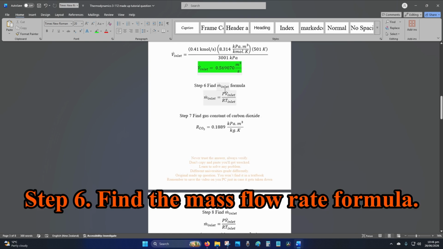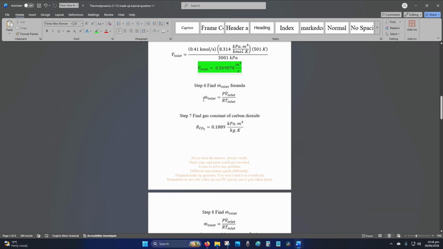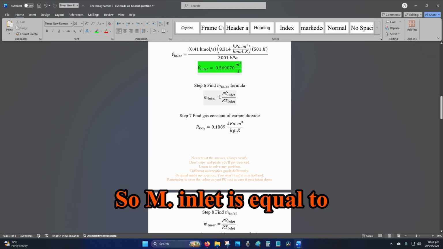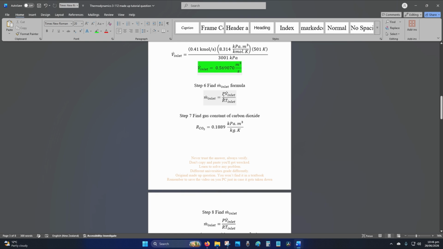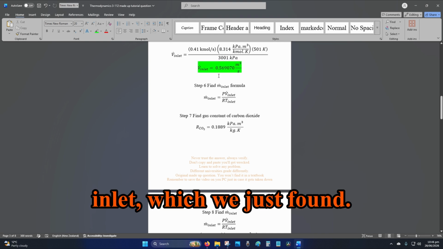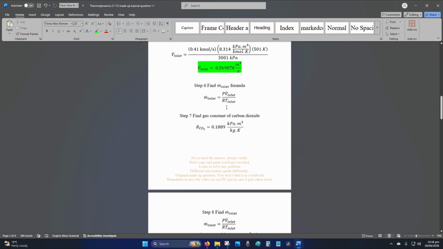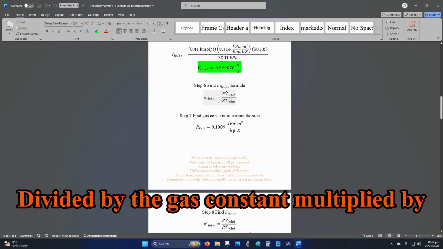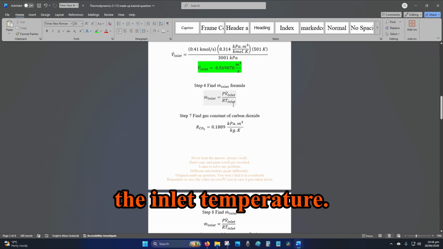Step 6, find the mass flow rate formula. So m dot inlet is equal to P multiplied by V dot inlet, which we just found, divided by the gas constant multiplied by the inlet temperature.